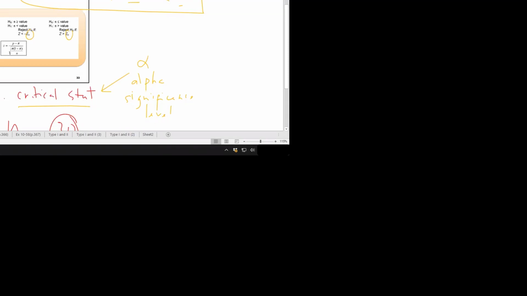Unlike when you are using the computed statistic, comparing it to the critical statistic, you have to consider the direction of the test, which tells you whether the critical statistic is to the left of the distribution or to the right of the distribution. But when you're using the p-value, you don't have to worry about that.